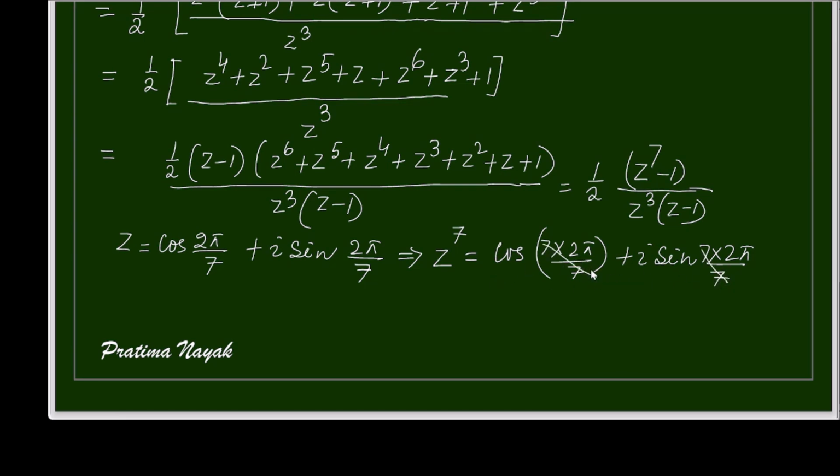So this will be cos 2 pi and sin 2 pi. Sin 2 pi is 0 and cos 2 pi is 1. So z to the power 7 is 1.